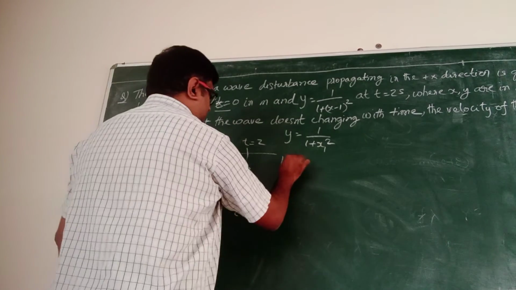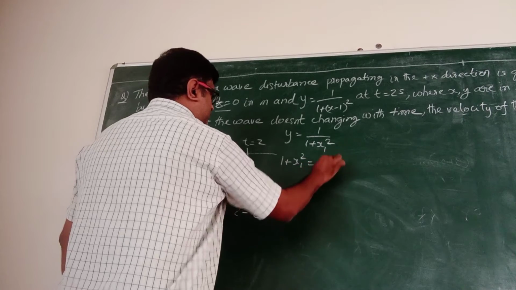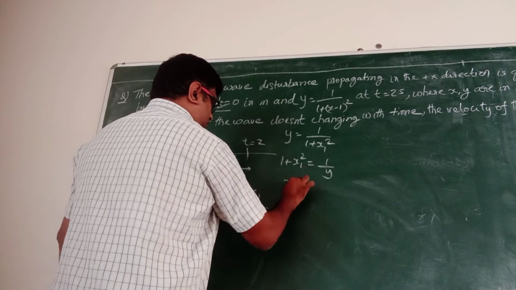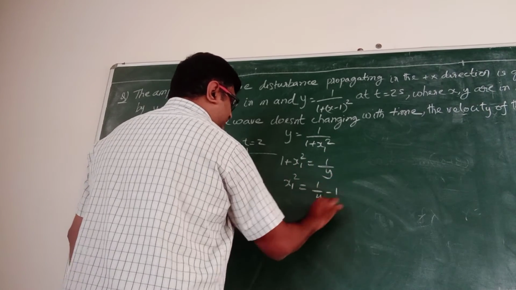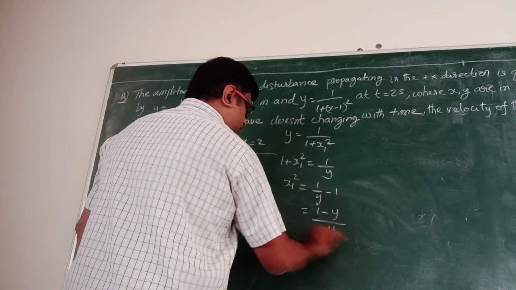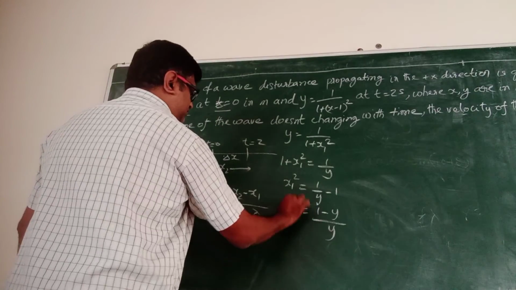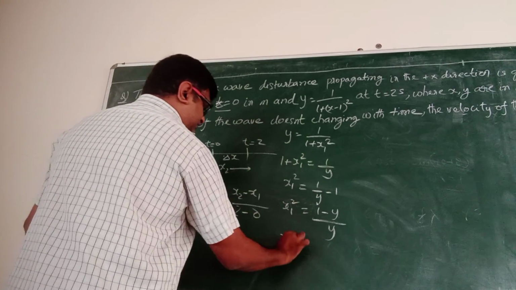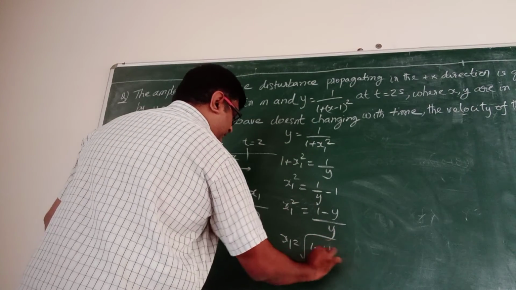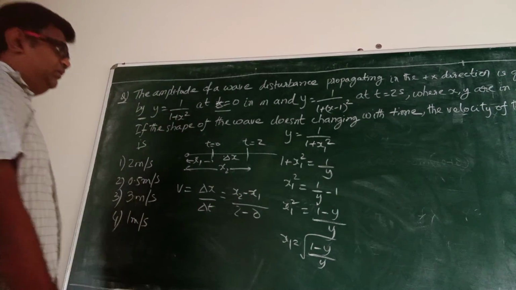So from here 1 plus x1 square is equal to 1 divided by y, or x1 square is equal to 1 by y minus 1, 1 minus y by y. This is x1 square. So x1 will be equal to root over 1 minus y by y. Okay.